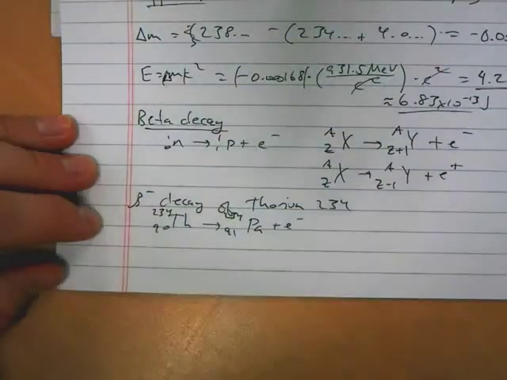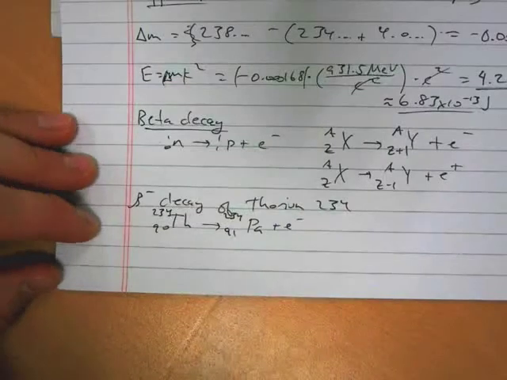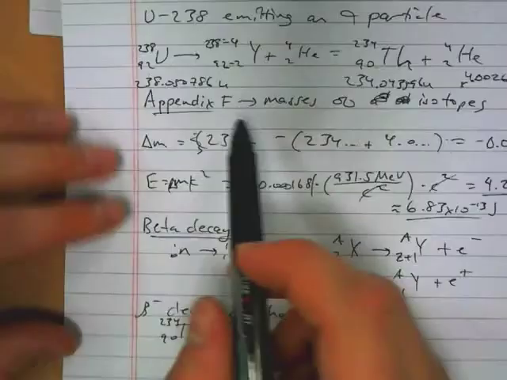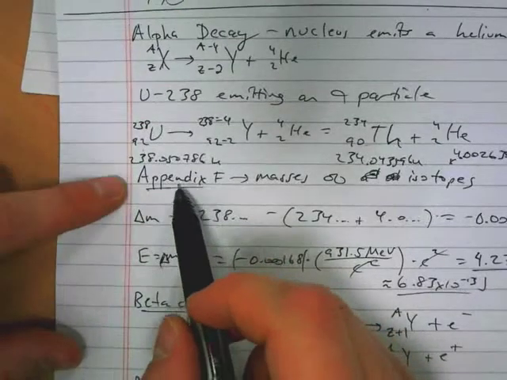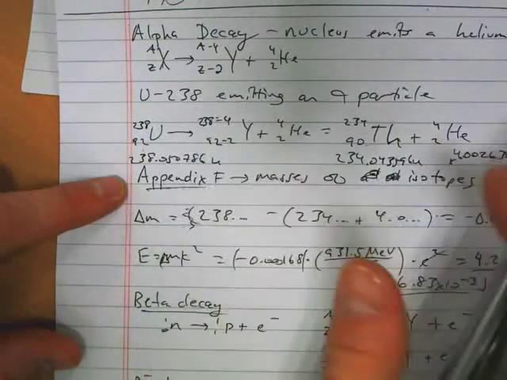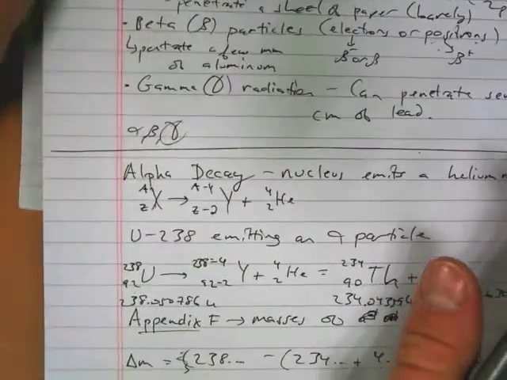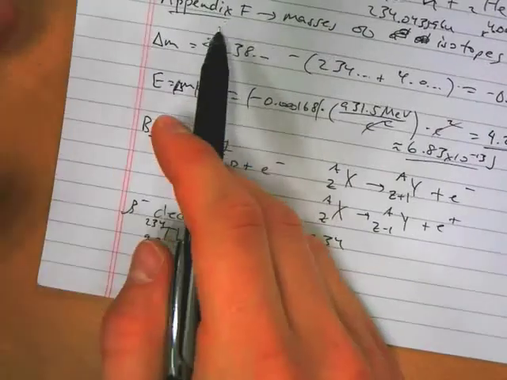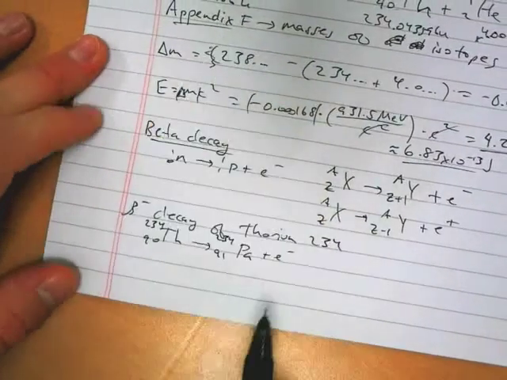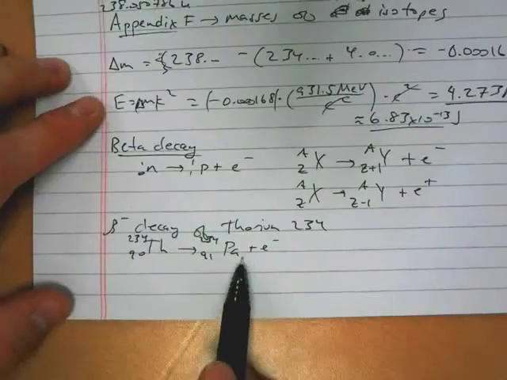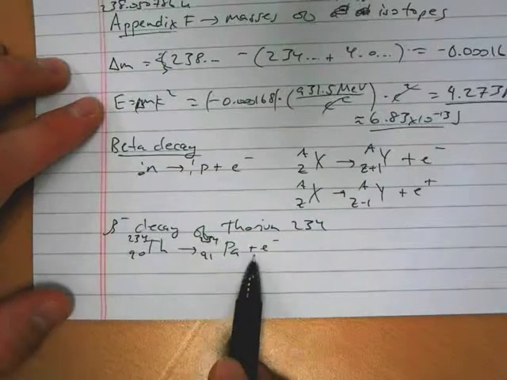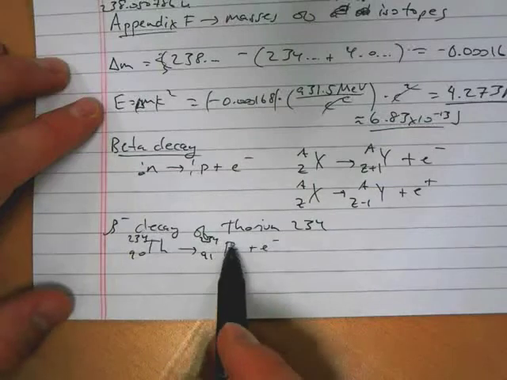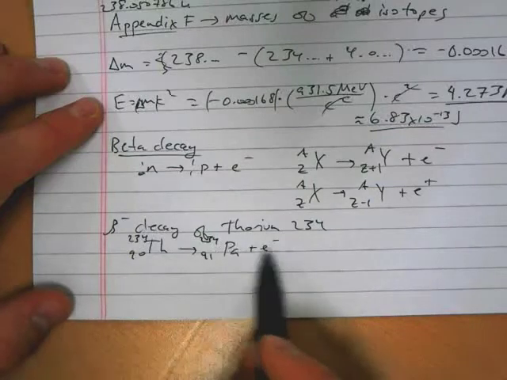Now, this electron, let me say something now about Appendix F. The masses in Appendix F are for neutral atoms. So there's an electron that's been lost here that isn't attached anymore, but the mass given for this includes both of these in its total.